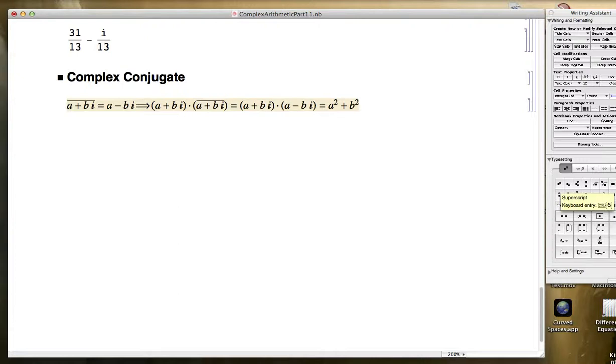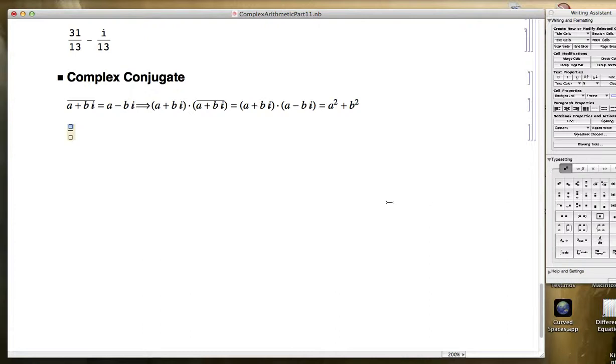The outside and inside terms with the i's in them will cancel. You'll get negative abi plus abi, and those cancel to give you 0 for the imaginary part. That observation motivates a technique for dividing two complex numbers.